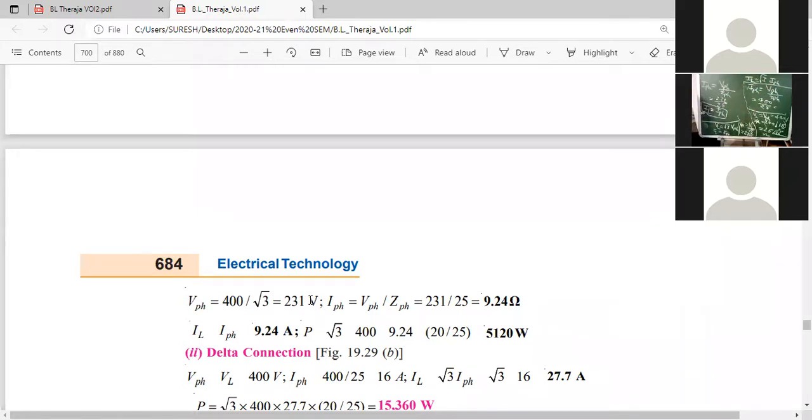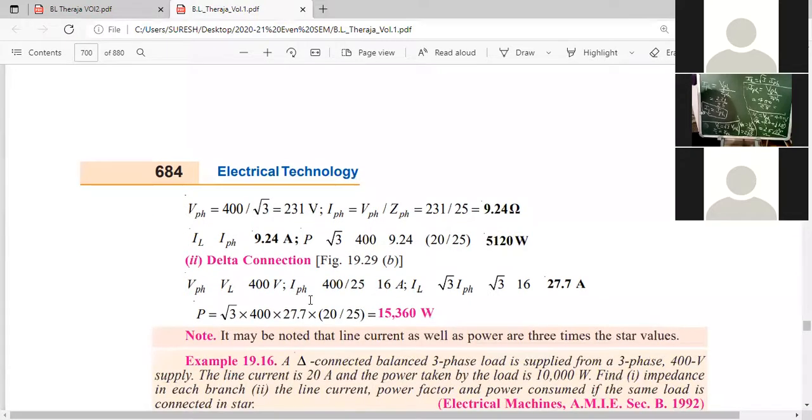In star connection, IL is equal to I phase. But in delta connection, IL is equal to root 3 into I phase. Very simple problem, but you should know the formulas and how to solve the problem. Don't get confused in the exam.